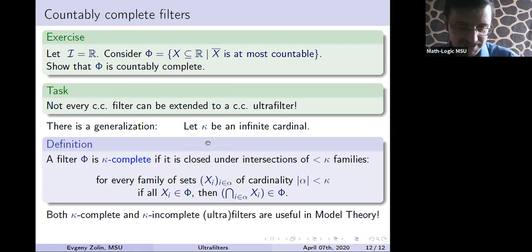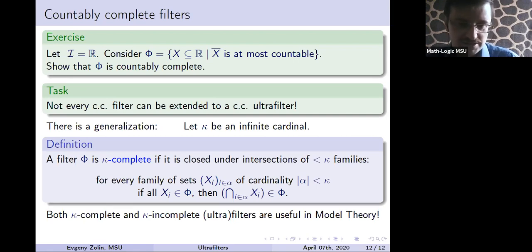An interesting thing is that kappa complete, countably complete and countably incomplete filters are all useful in logic, in particular in model theory. They allow us to build some special models with good properties. In some cases, you need kappa complete filters, in particular countably complete filters.